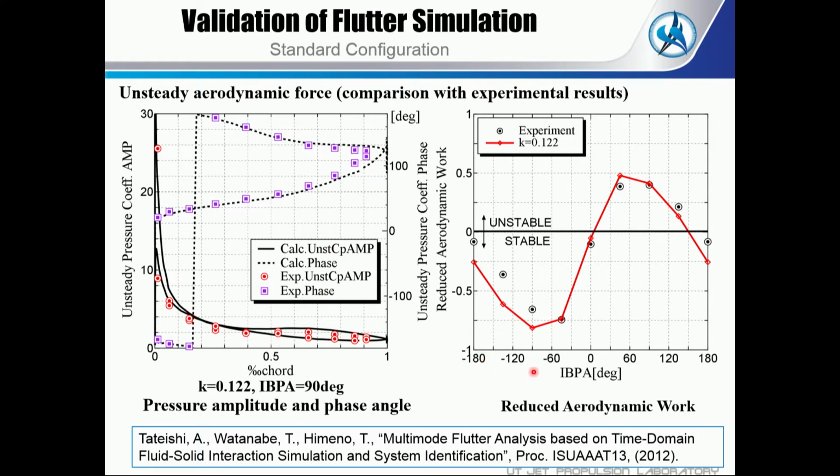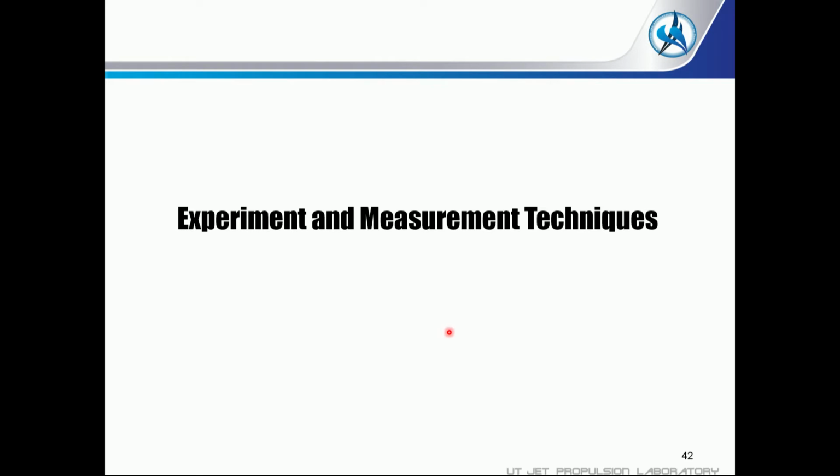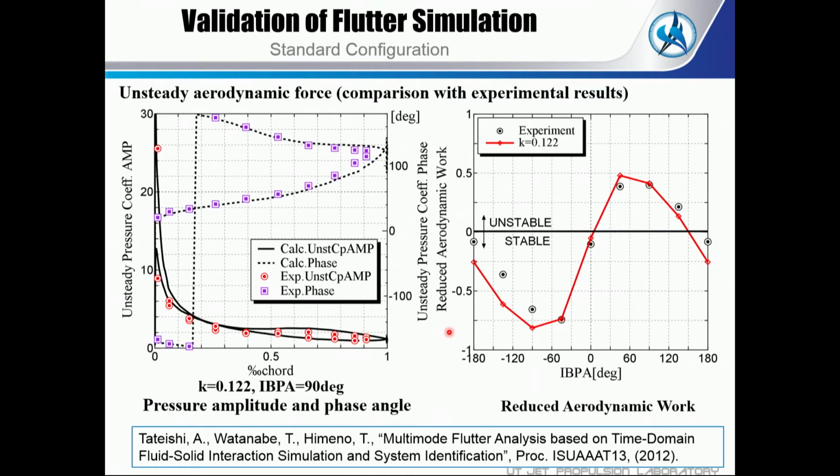And this is a reduced aerodynamic work. So it's E in the previous chart. If this work is positive, the vibration is unstable. So these are experimental results, and the red line is computational results. So we have satisfactory agreement by this method.